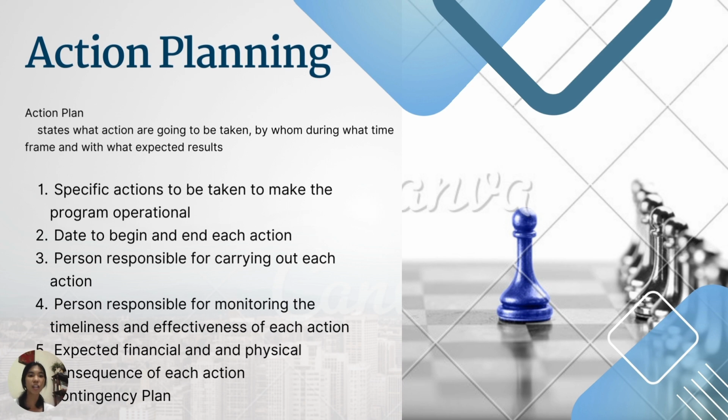So, action planning. An action plan states what actions are going to be taken, by whom, during what time frame, and with what expected result. So, action planning is a list of to-do items, or actions that need to be done, who needs to do them, what time frame they need to occur in, and what the results of this are.